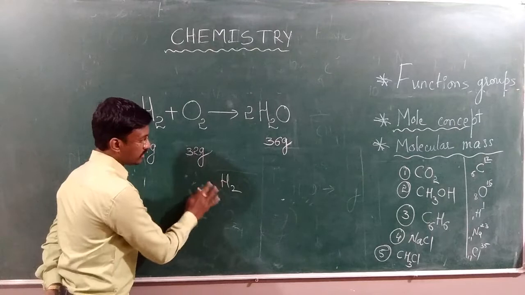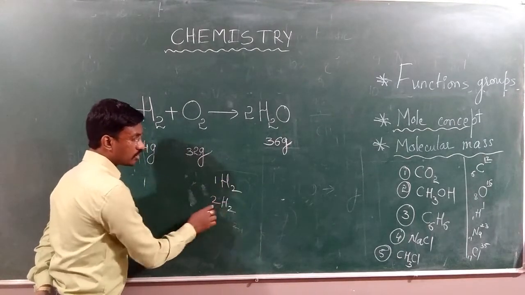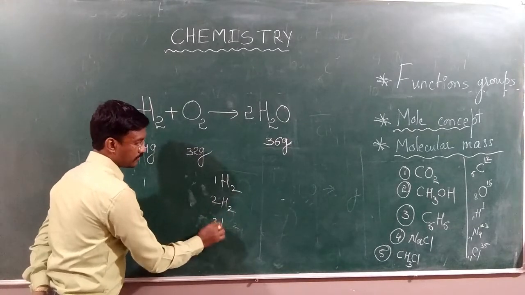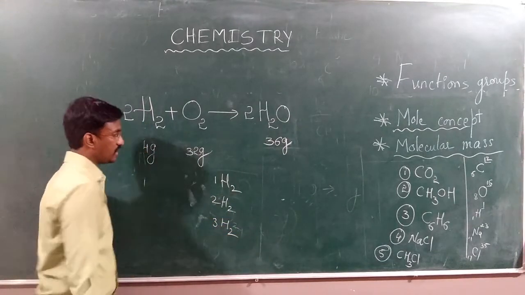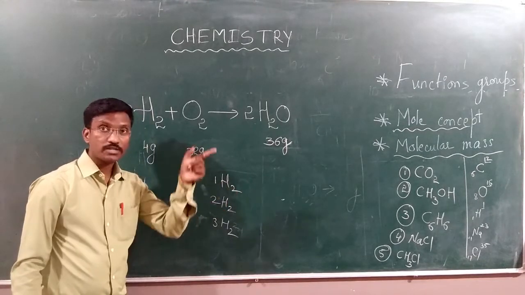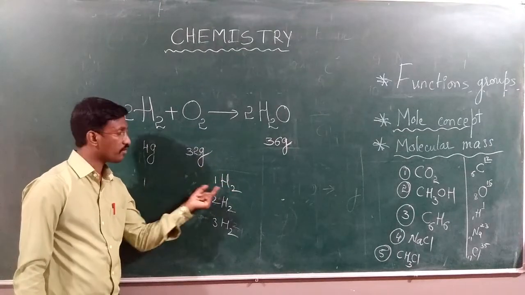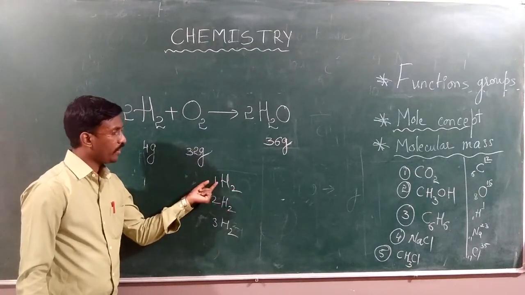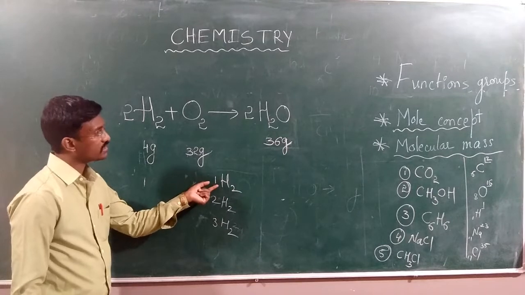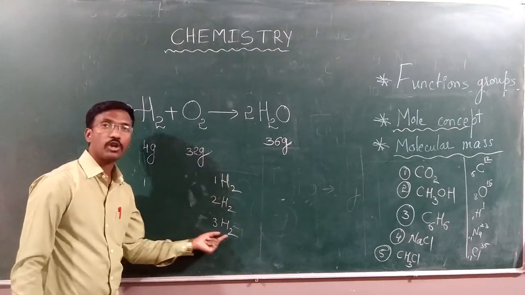In the hydrogen H2, if I have not written anything, it means 1. 2H2O means 2 water molecules. 3H2O, we are not calculating the number of hydrogens. We are observing the coefficient, the stoichiometric value beside the compound. That we call a mole: 1 mole of hydrogen, 2 moles of hydrogen, 3 moles of hydrogen.